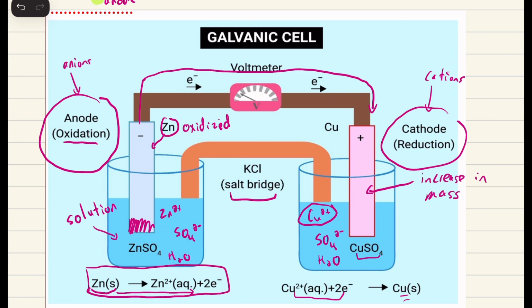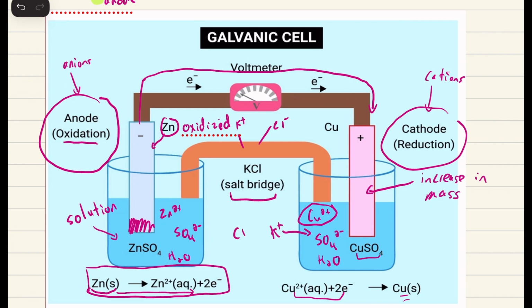So to help balance this entire cell, the salt bridge has a solution that has a cation and an anion. In this case, it'd be your K+ and your Cl-. And so the K+ is going to migrate towards the cathode to balance the charge, sort of as a response to the electrons that it's getting.